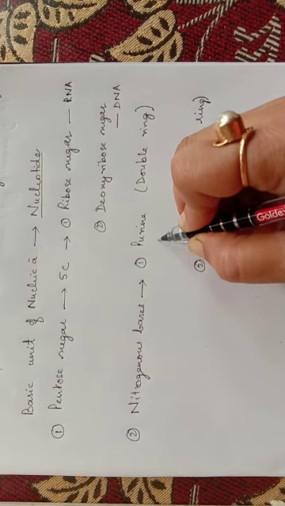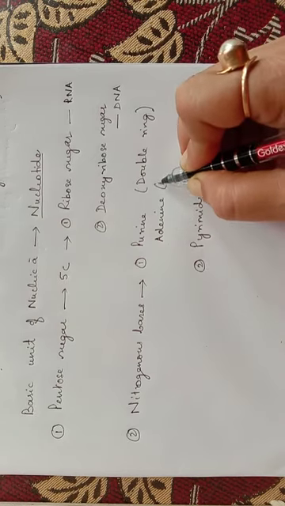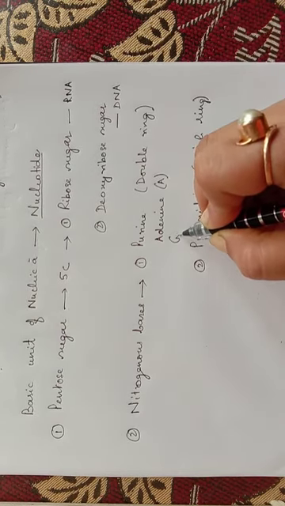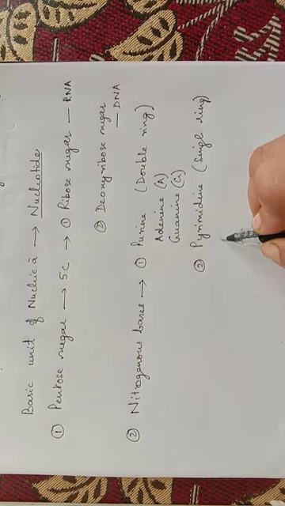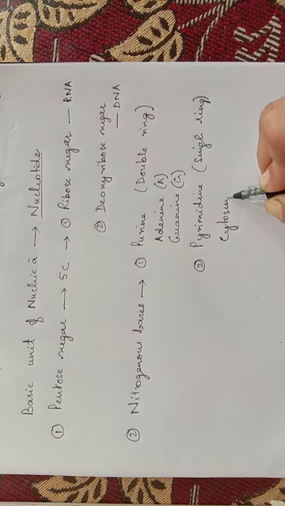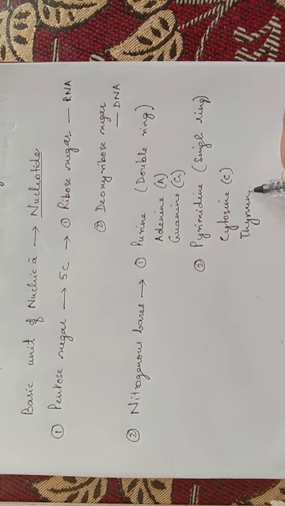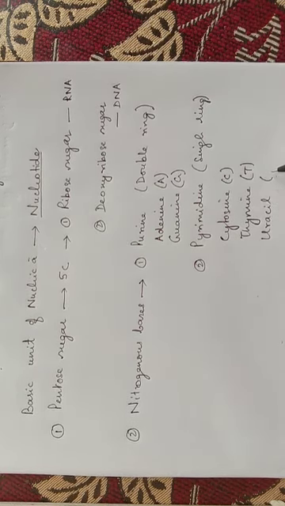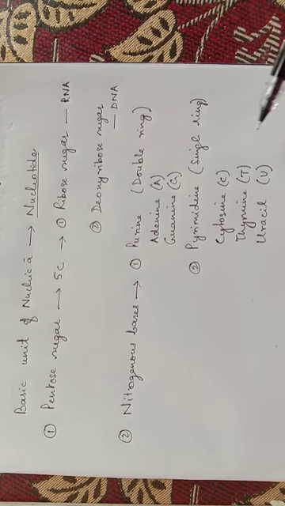Purines are of two types, adenine, written as A, and guanine, written as G. Pyrimidines are of three types, cytosine, thymine, written as T, and uracil, written as U.